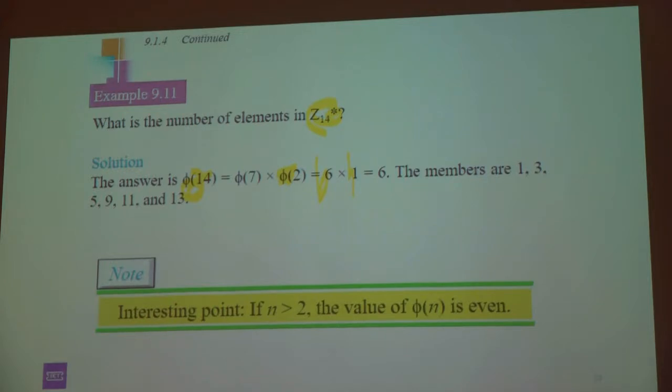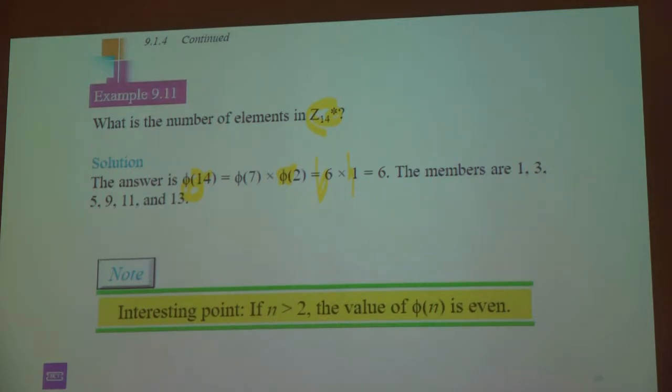So what does phi do? It calculates the number of coprimes in the group. The number of coprimes, right? So what does coprime mean again? The greatest common divisor is 1.